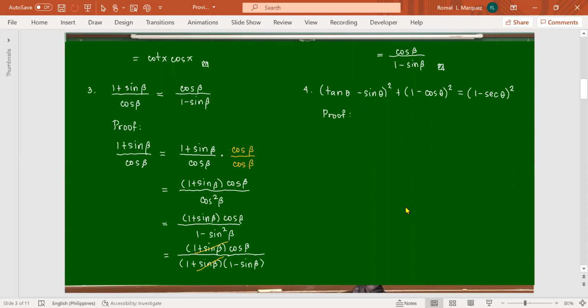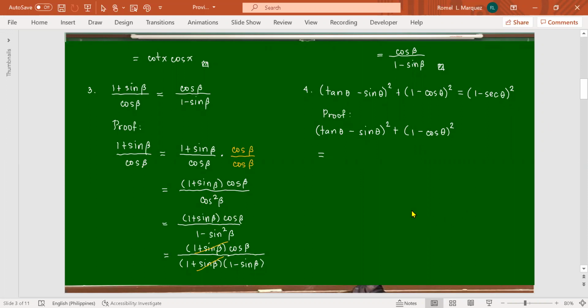Okay, guys? So let's get the left side: tangent theta minus sine theta quantity squared plus 1 minus cosine theta quantity squared. So again, our goal is to put this in the form of 1 minus secant theta quantity squared.